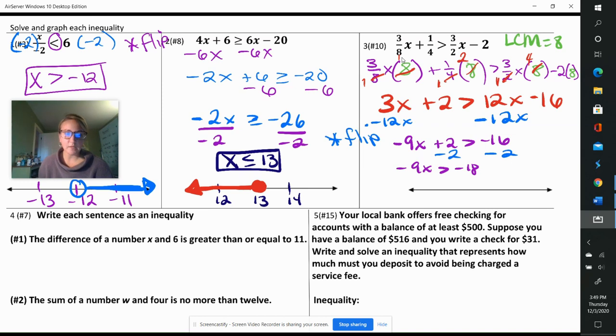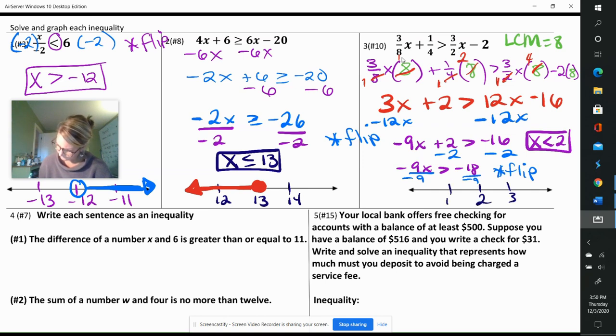And lastly, we're multiplying x by negative 9, so we want to divide both sides by negative 9 to finish solving. And that's the step that requires us to flip the inequality symbol because we divided both sides by a negative number. So we end up with x is less than 2. So that would be open at 2, less than, shaded to the left.